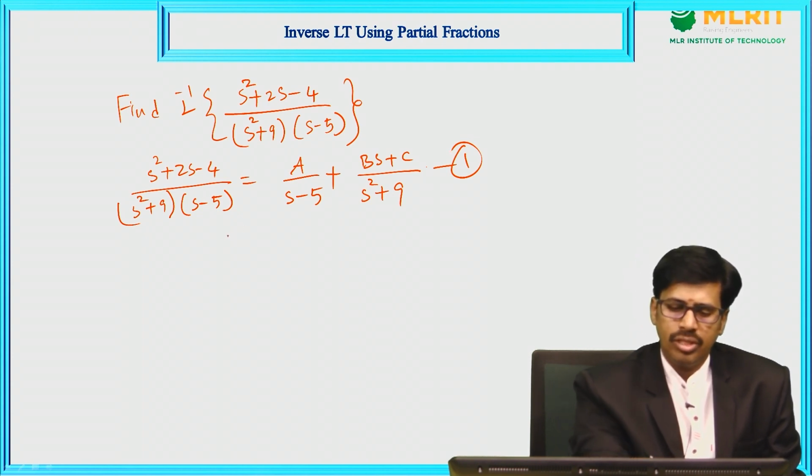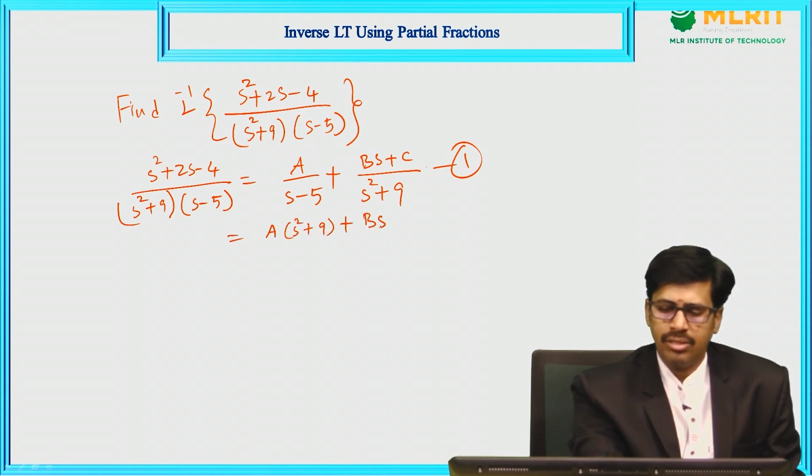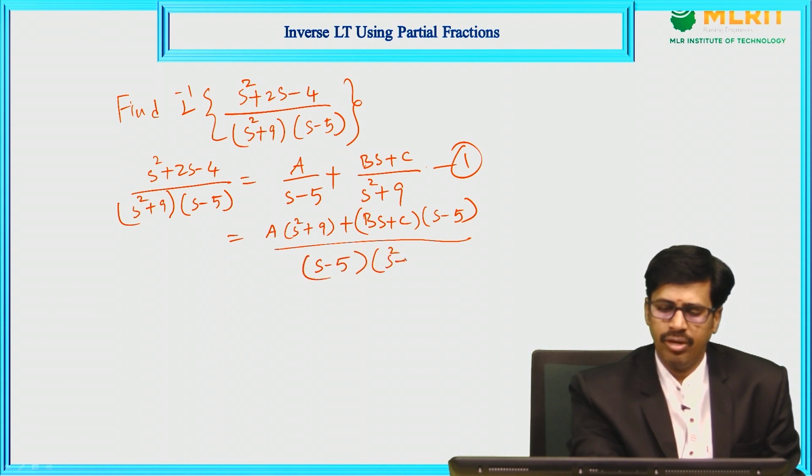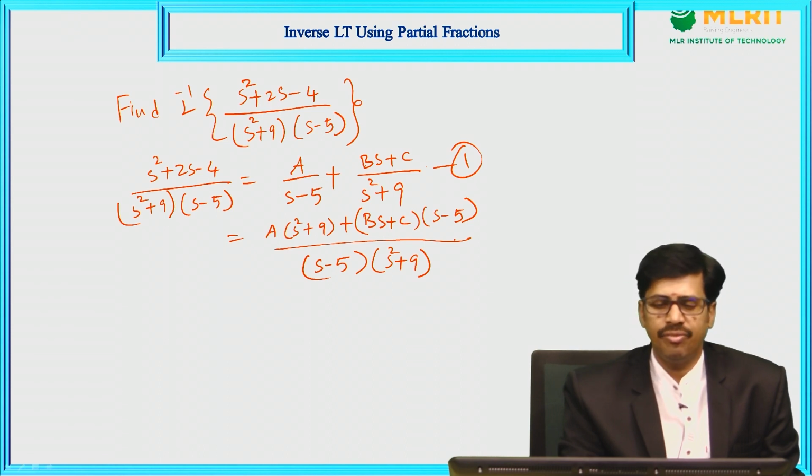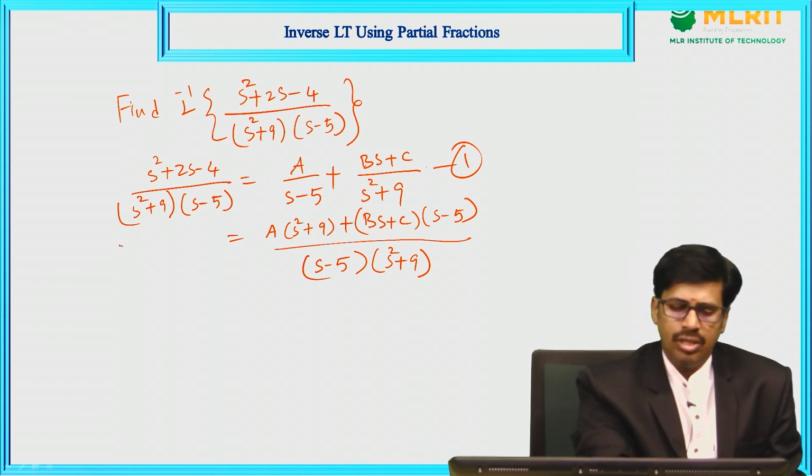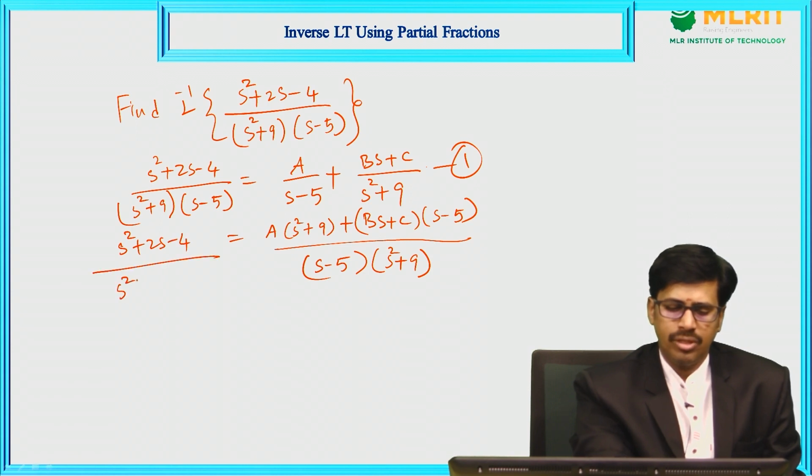So, this can be written as a into (s square plus 9) plus (bs plus c) into (s minus 5), divided by (s minus 5) into (s square plus 9). So, like this we find these values of (s square plus 2s minus 4) by (s square plus 9) into (s minus 5).